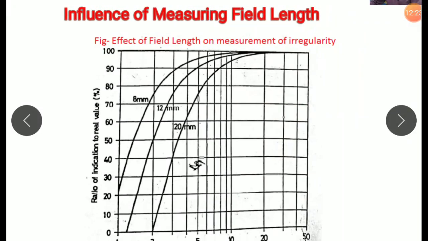So that's why we need not go to a length lesser than that. Say we have the 8 mm length, why don't we use it in case of sliver?